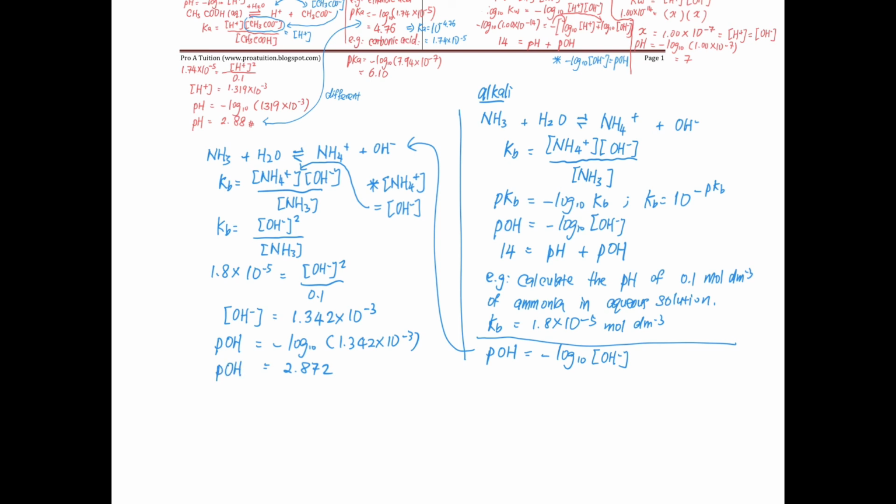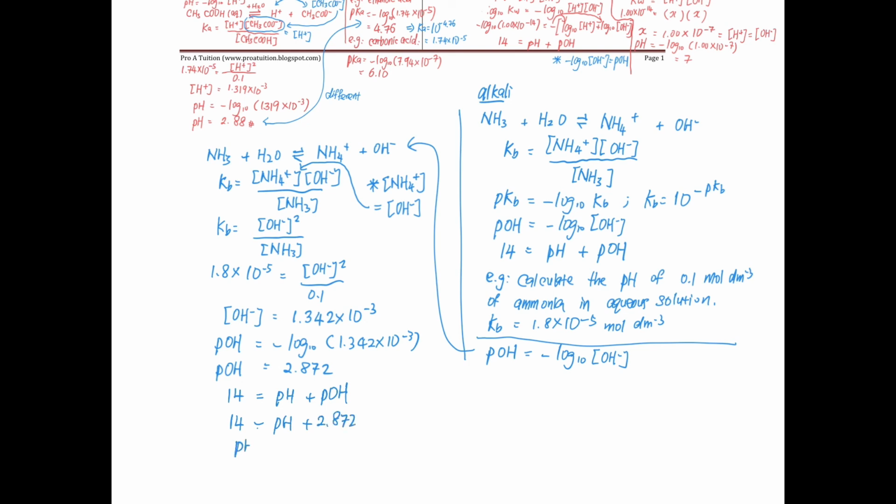But don't forget the formula just now. Once you get the pOH, you can use 14 equal to pH plus pOH to find out the pH of the alkaline. So I write the formula first: 14 equal to pH plus pOH. So 14 equal to pH plus 2.872.